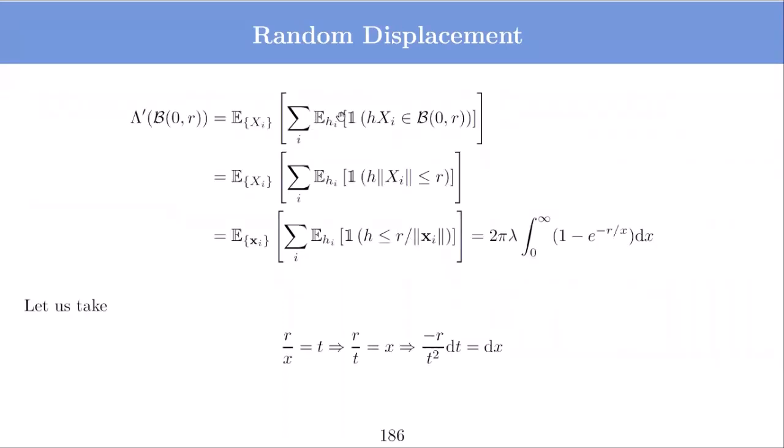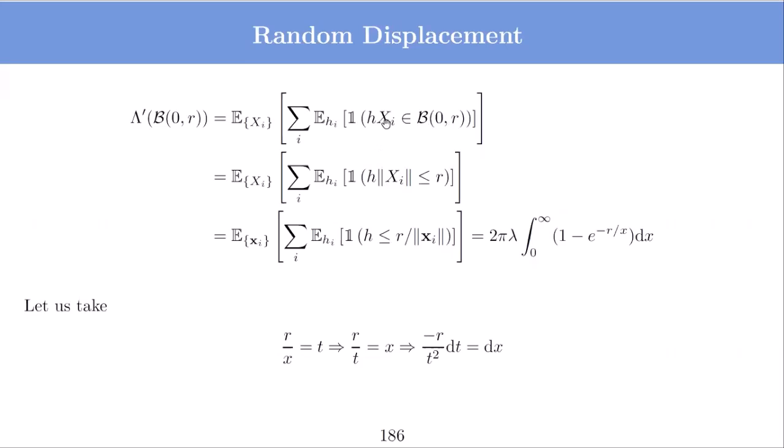This hi expectation goes inside because it affects only the term corresponding to the particular value of i. So I have to compute the expectation with respect to hi of the indicator that hi xi belongs to the ball of radius r. And when does hi xi belong to the ball? In a one-dimensional point process, only when the norm of hi xi is less than r.